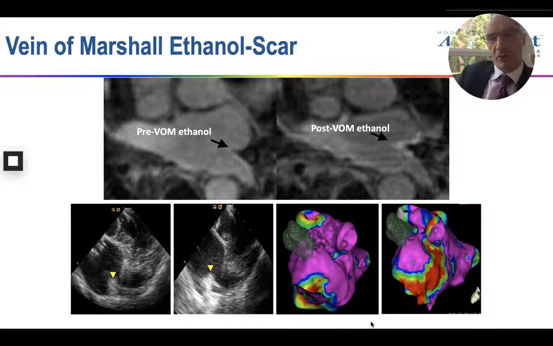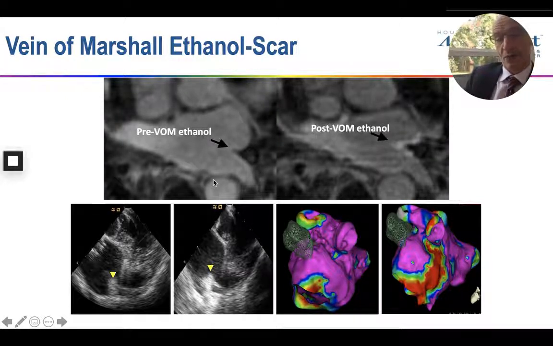When you give alcohol in the vein of Marshall, you create a scar that can be mapped not only with 3D mapping as an area of low voltage that goes from the mitral annulus to the left inferior pulmonary vein. You can see it on intracardiac echo as the left atrial ridge gets very echogenic with ethanol. And if you do MRIs pre and post, you can see an area of delayed enhancement along the left atrial ridge.